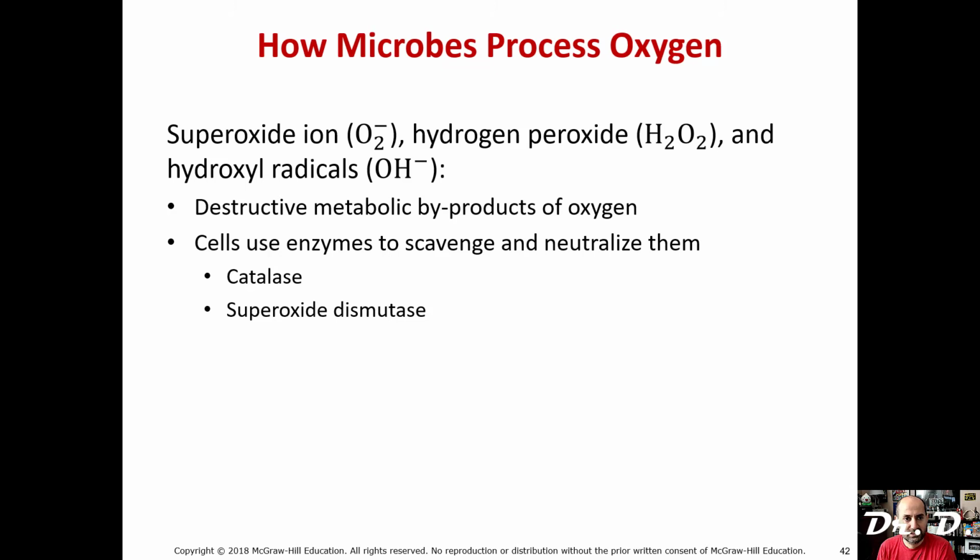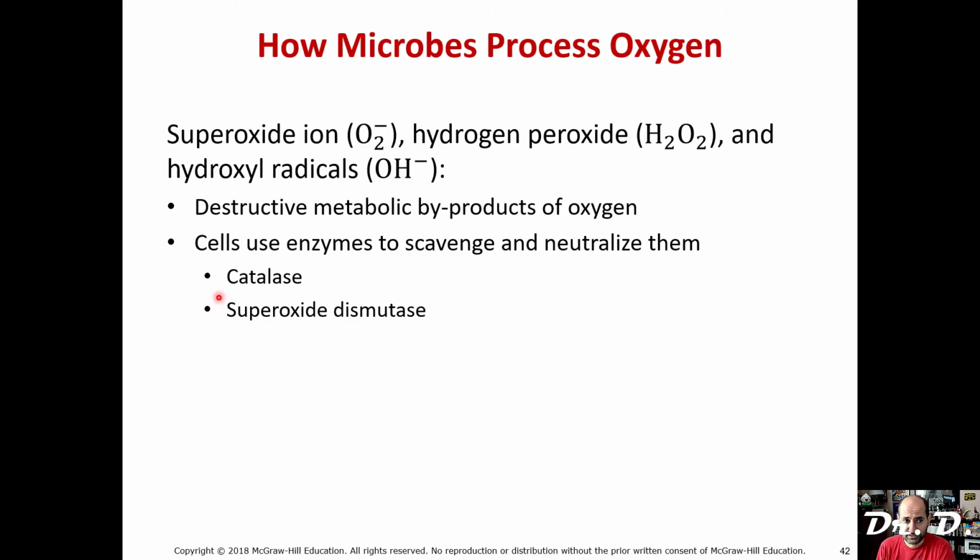Oxygen sensitivity. I don't know if you need to know this, but catalase and superoxide dismutase are enzymes that bacterium need in order to live where there's oxygen. Oxygen is very oxidative. Oxygen destroys DNA, and it really is harsh.